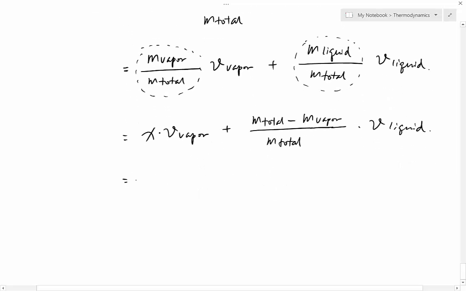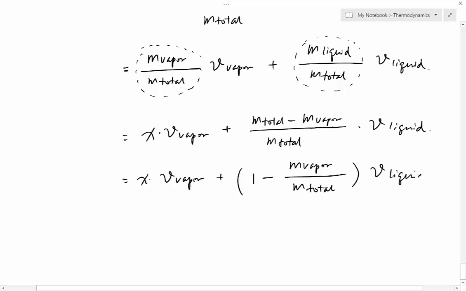Let's continue. X times nu vapor plus, okay, total mass divided by total mass, that's 1. Next one, mass vapor divided by total mass times nu liquid.